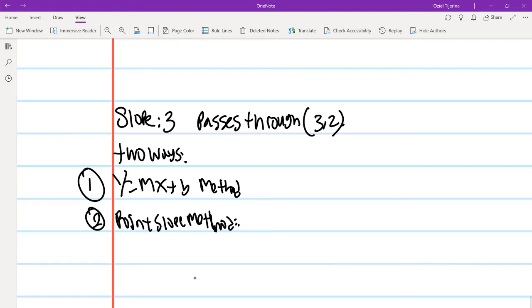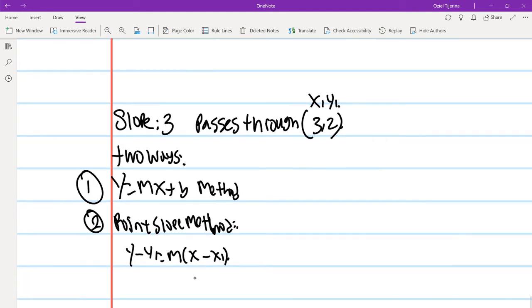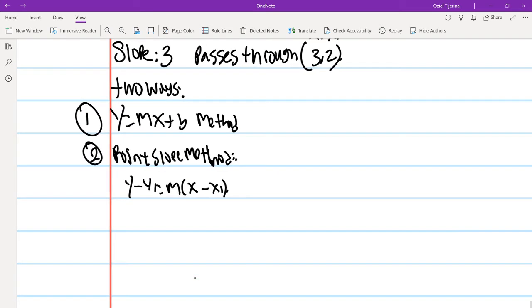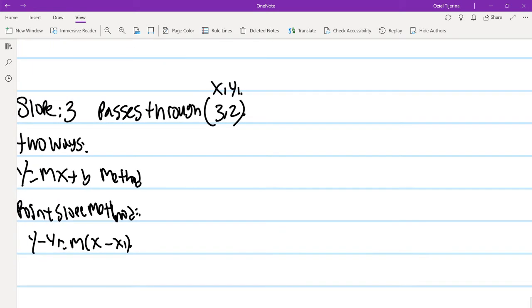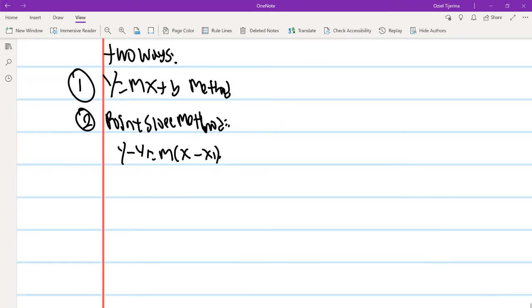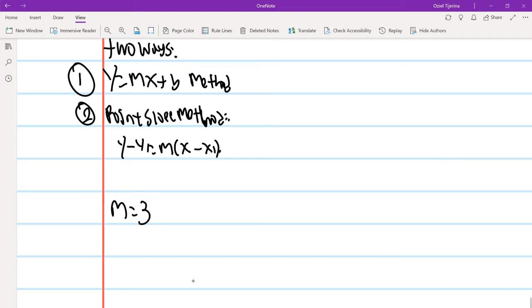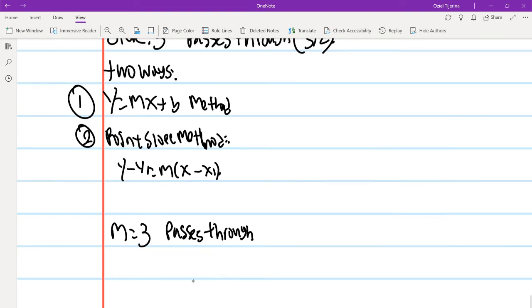Point slope is y minus y1 equals m times x minus x1. Let's first do it the slope-intercept way. Our m is 3, and it passes through (3, 2).